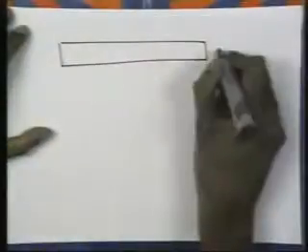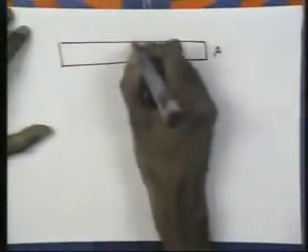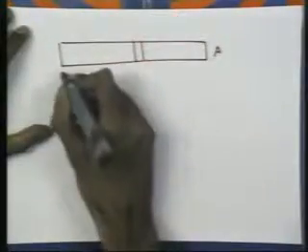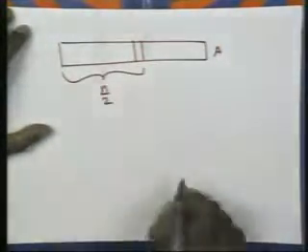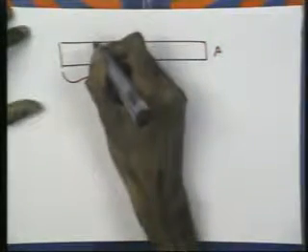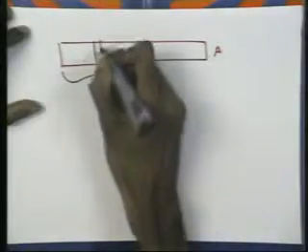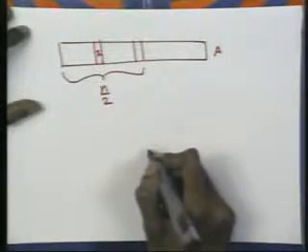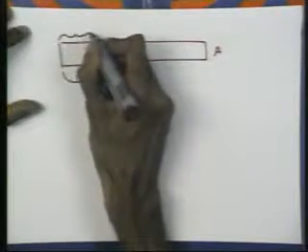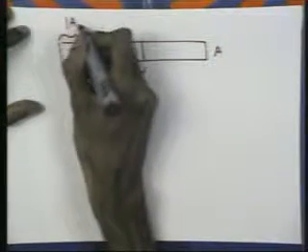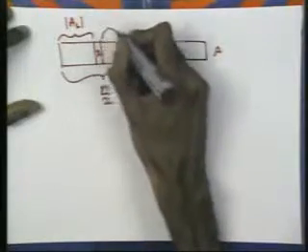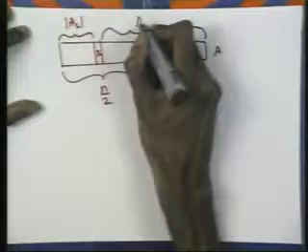Let me draw a picture and explain this again. This is A. Supposing this is sorted, here is my middle element. This is n by 2. Now my element x sits somewhere here. This is the element x, which is the approximate median, and this portion is A left, and this portion is A right.